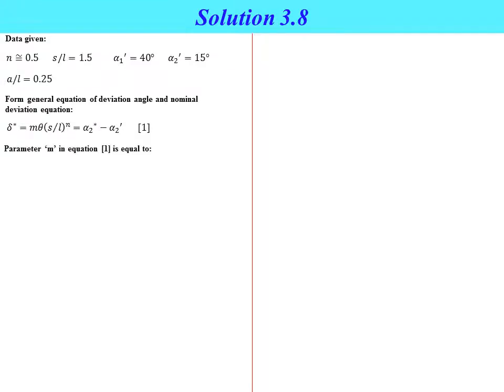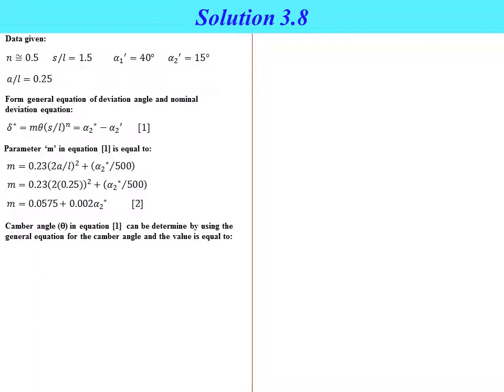Parameter m in equation 1 is equal to 0.23 multiplied by 2a over l squared plus alpha 2 star divided by 500. Substitute the value of a over l into the equation, so you'll get equation number 2, where m equal to 0.0575 plus 0.002 alpha 2 star.